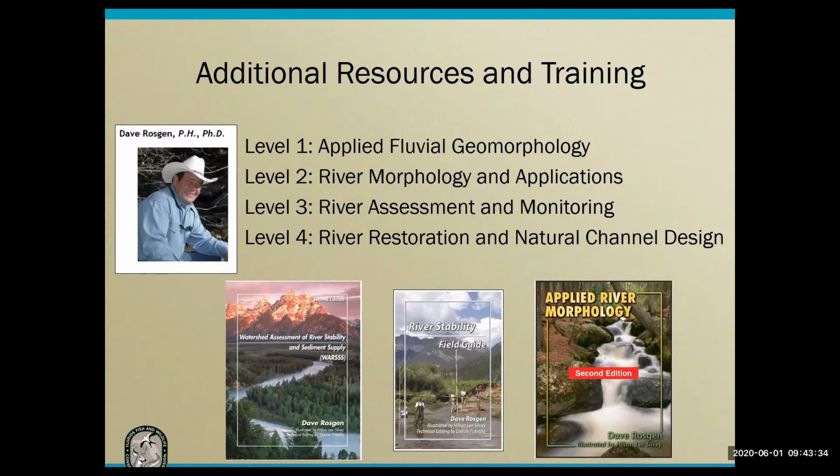And then the 3rd book is his classification systems of rivers, basically dividing out based on numerous things like valley, slope, sediment type, etc. And then he also offers 4 levels of training. And that's something that Chris, who I mentioned on the last slide, actually helps Dave teach. So they work together a lot.